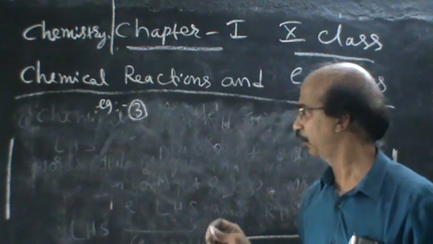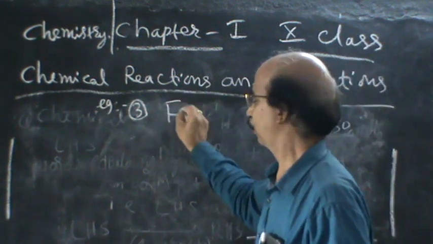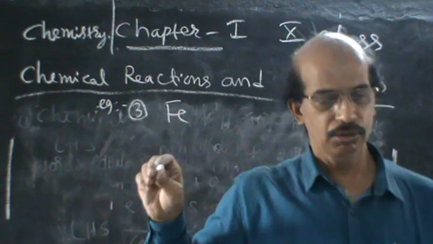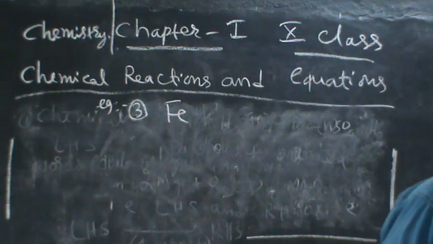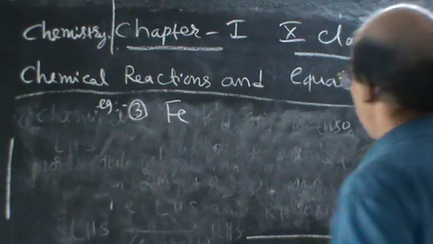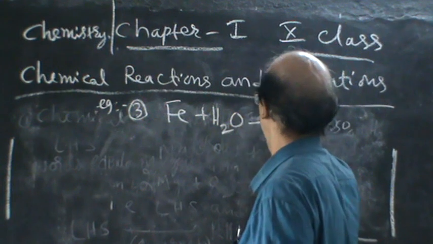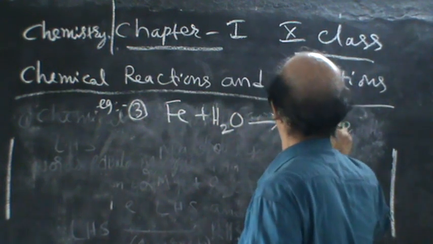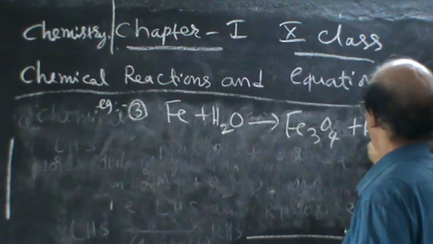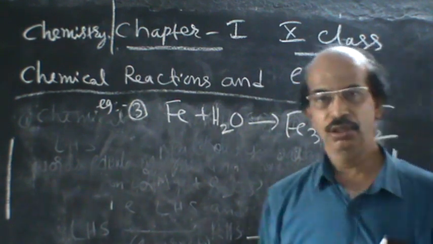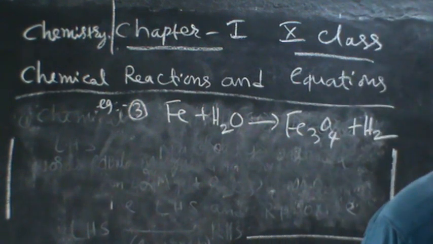They don't take the first, second, third step. Say Fe plus H2O gives rise to Fe3O4 plus H2. This is the given equation. Let us try balancing it now.